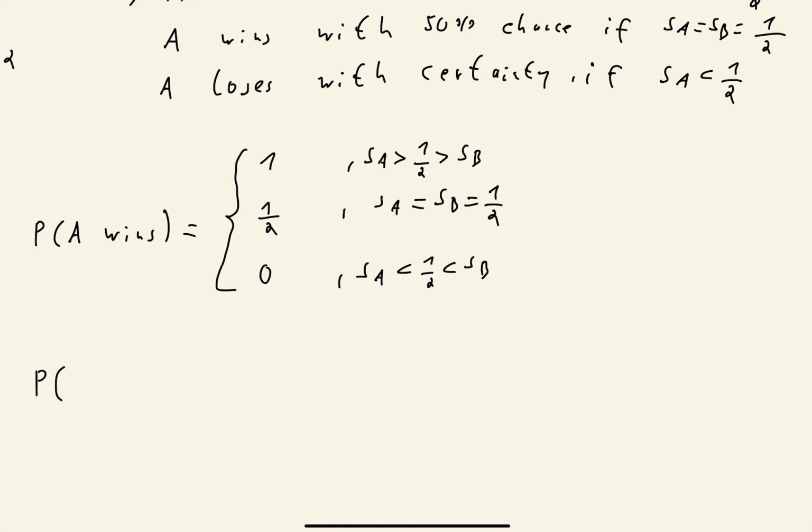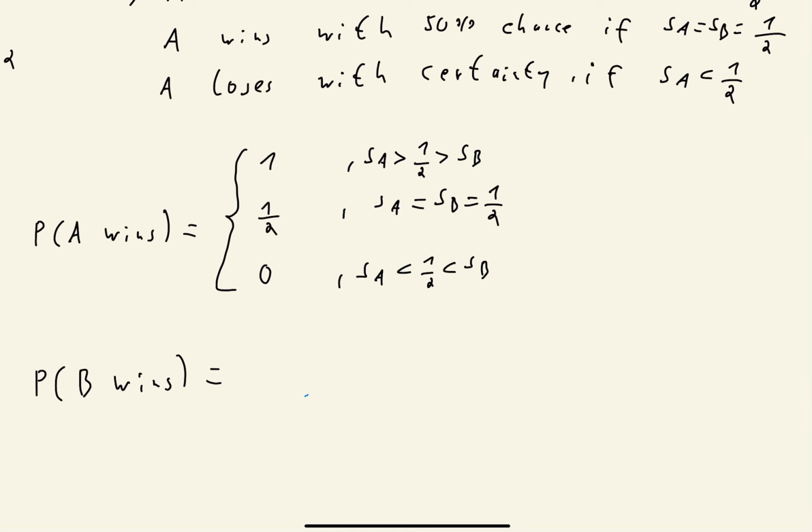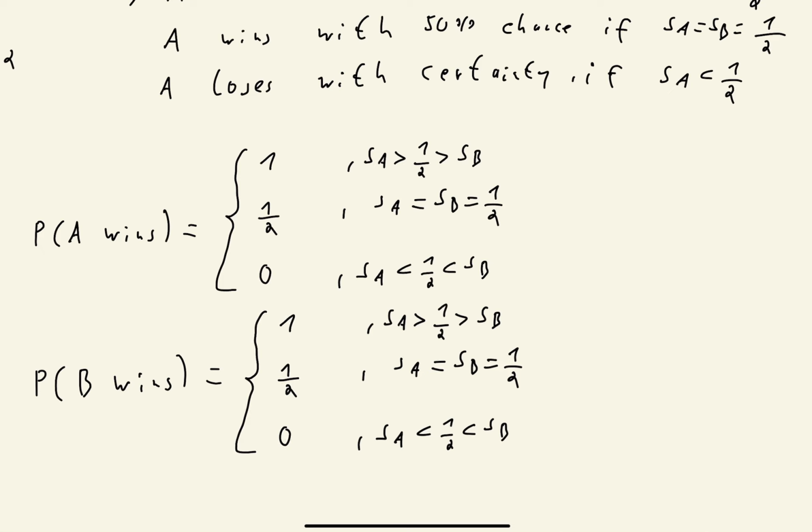The probability that B wins is given by the following. So we can actually copy this here, put it here again, and then we simply switch the order of the inequalities, because basically it's the mirror situation to the events where A wins.